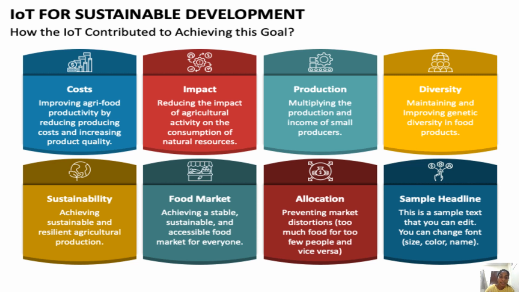Then we have sustainability under this goal, that is regenerative practices. IoT data informs regenerative agriculture techniques like cover cropping and crop rotation, enhancing soil health, reducing erosion, and sequestering carbon.